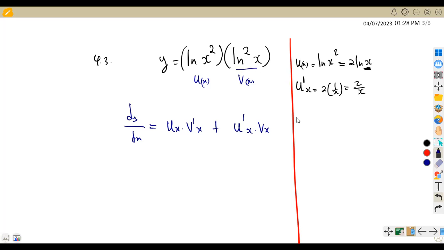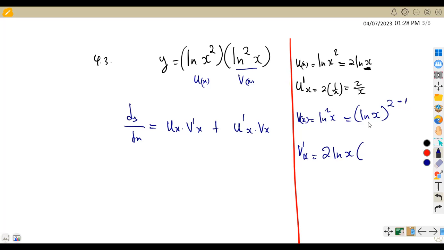This part is our v. So our v(x) in this case is ln squared x. This means that it's (ln x) squared. This is what it means. So to find the first derivative of v(x), we use the function of a function rule. We bring down the 2 and subtract 1 from the power, which gives 2 ln x.